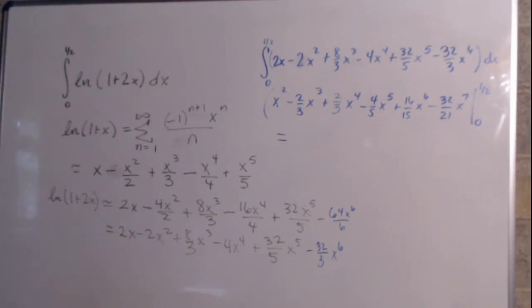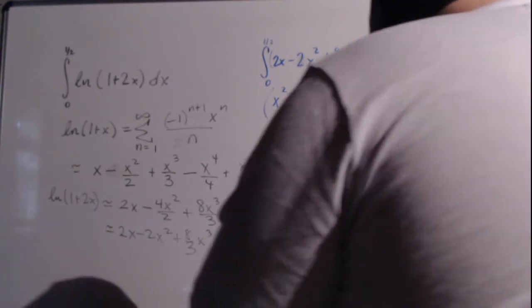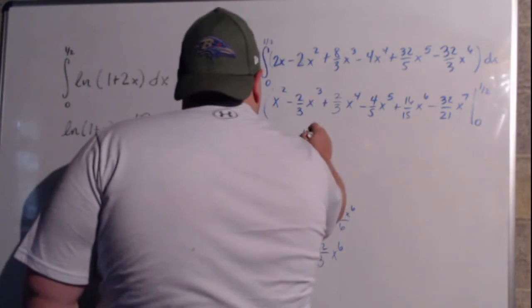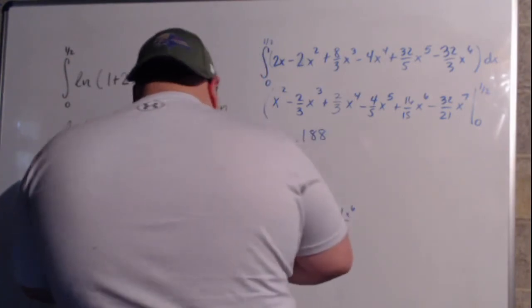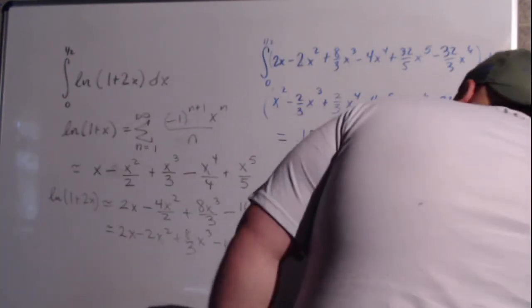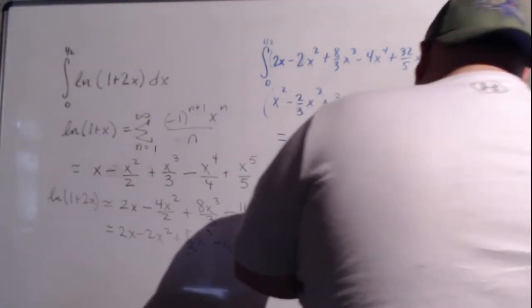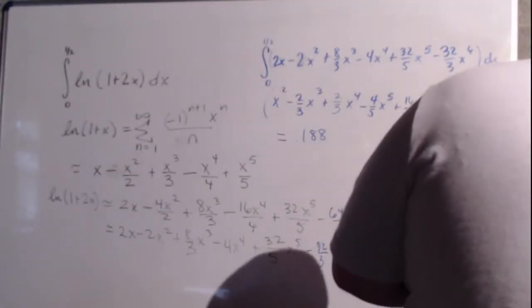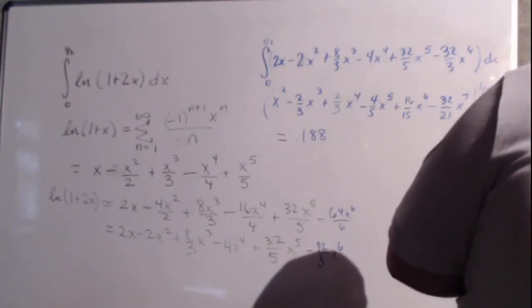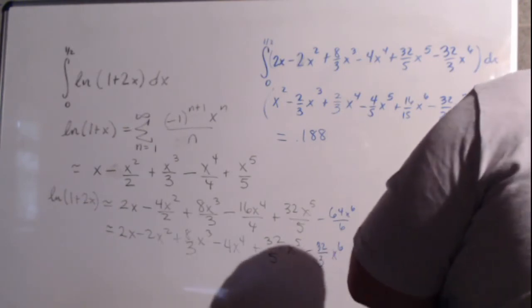Okay, hopefully I did that all right. I got 0.188 something. Let's see what happens if I do the original with the FNINT, which is a good way to check yourself.